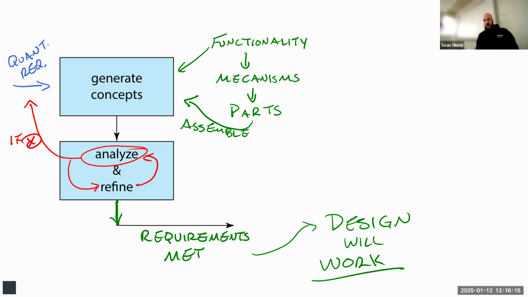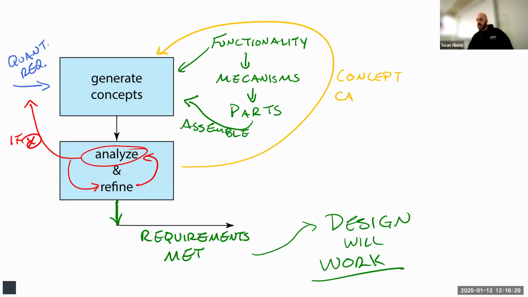If you cannot refine this thing to get it to work, then we have our other loop, right back into generating more concepts. If our concept doesn't work, or it can't be refined, we loop back in and come up with another concept. This is not bad.